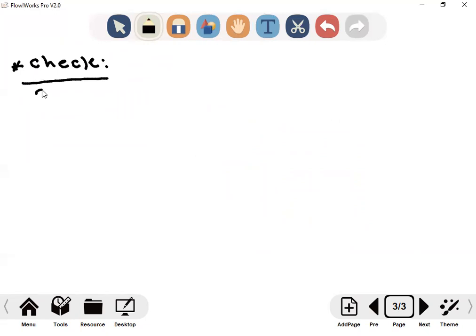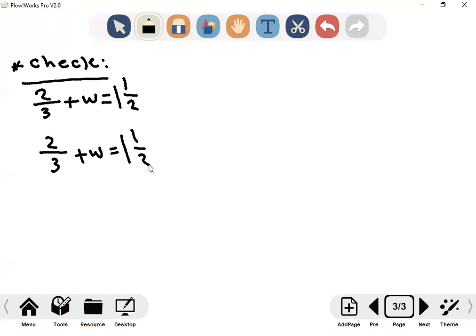Solve the equation 2/3 plus W equals 1.5. Here, this 2/3 is positive, right? To get rid of it, we will subtract it from both sides. Let's do it in your copy book. So we rewrite the equation: 2 over 3 plus W equals 1.5. Now plus 2 over 3 will be minus 2 over 3 on both sides.